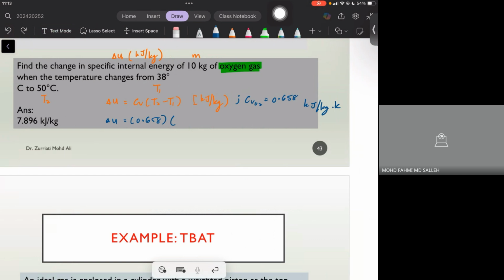So 50 degrees Celsius is equal to 323.15 Kelvin, and 38 degrees Celsius will be equivalent to 311.15 Kelvin. So here you're going to get the value for the internal energy in terms of kilojoule over kilogram, and the value is equal to 7.896 kilojoule over kilogram.